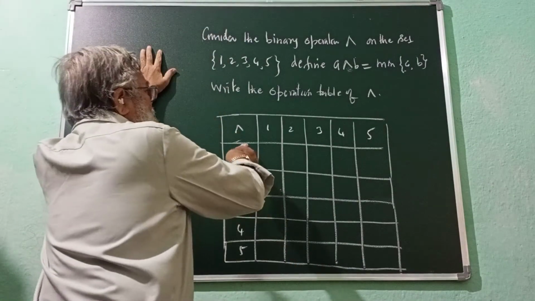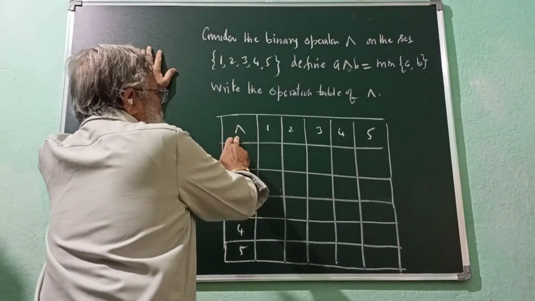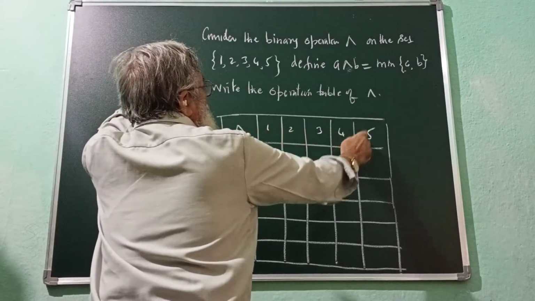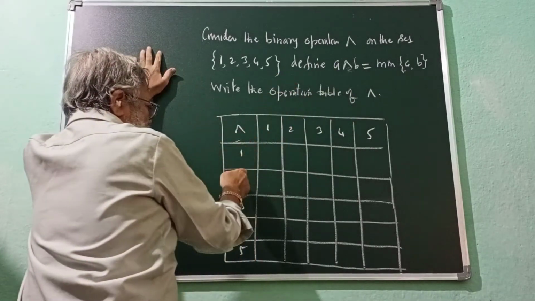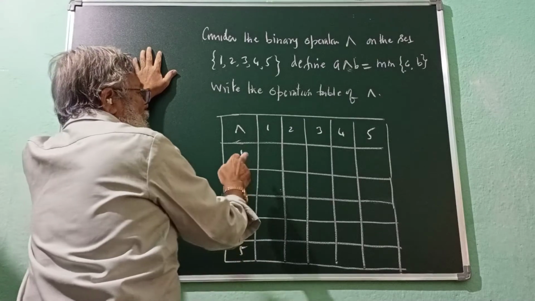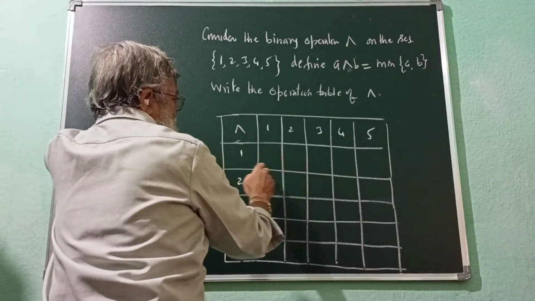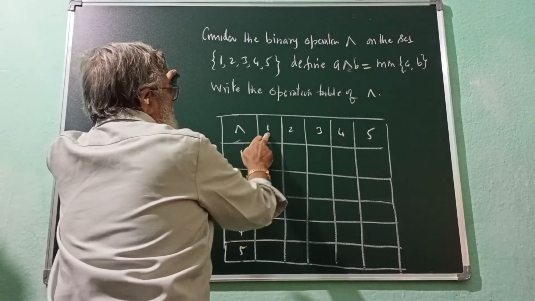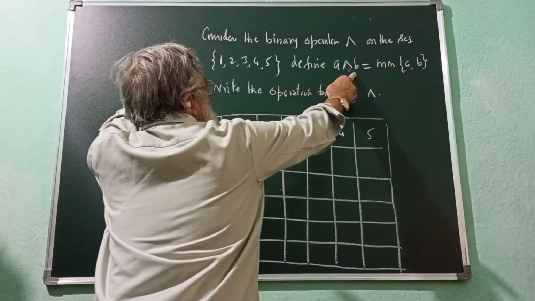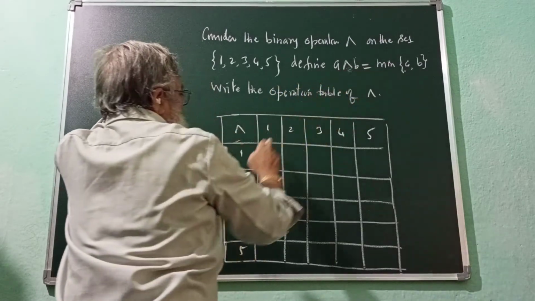First, to prepare the table for this binary operation, the set 1, 2, 3, 4, 5 is given. Here also we should take 1, 2, 3, 4, 5. Now to fill up the table, because it is the binary operation, we should take the minimum of A and B.